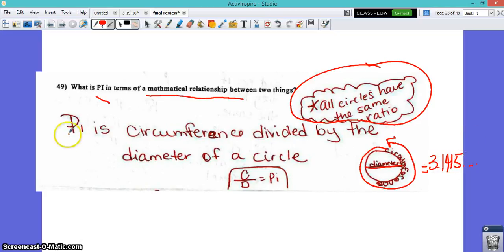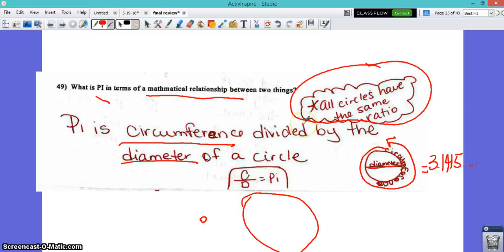So what I'm looking for here, and what you need to know, is all circles have the same ratio of circumference divided by diameter. It doesn't matter if it's the itty-bittiest circle or a huge circle. That's a horrible circle, but just pretend like it's not. Or that big circle that's outside on the field. It doesn't matter. It's the same.